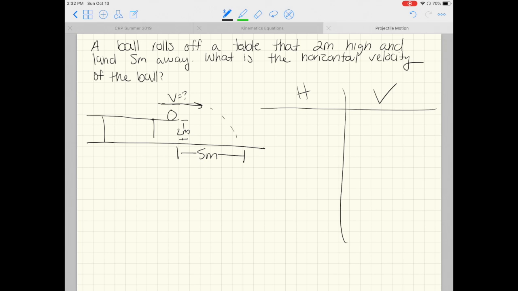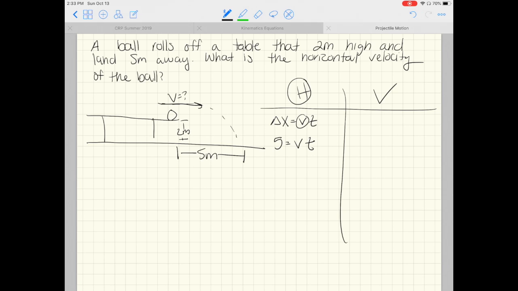Horizontally, I only use one equation, delta x equals vt, because it's constant velocity. I know my delta x, it's landing 5 meters away. I'm trying to find the horizontal velocity, but I can't find that because I don't know the time. So let's see what we know vertically to see if we can find that time.